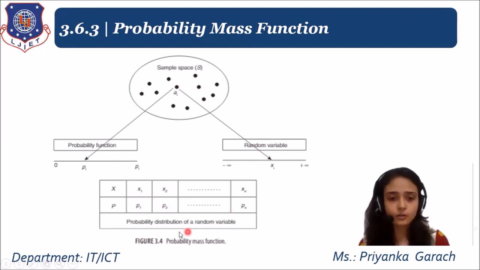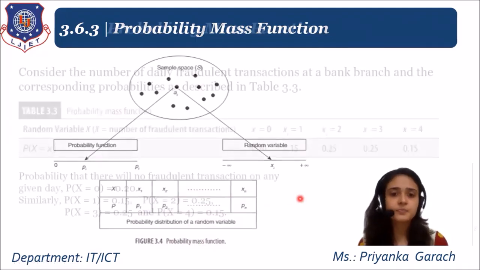These are called the probability distribution of a random variable. So in short, this is the topic called probability mass function. You have to remember that the probability mass function means that for different values of the random variable, you have the corresponding probability related to each.